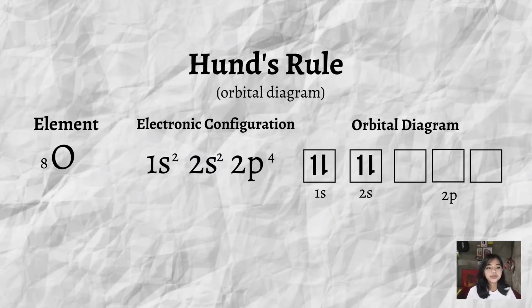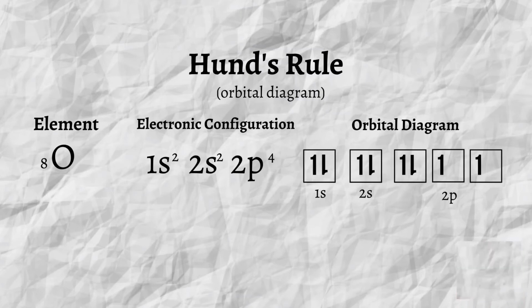For 2p, we will be following Hund's rule, wherein the orbitals of the same subshell, electrons are filled singly first before pairing starts. Therefore, 1 electron that is in an upward direction will be placed on the 3 orbitals, to be followed by 1 electron that is in a downward direction pairing the first orbital.